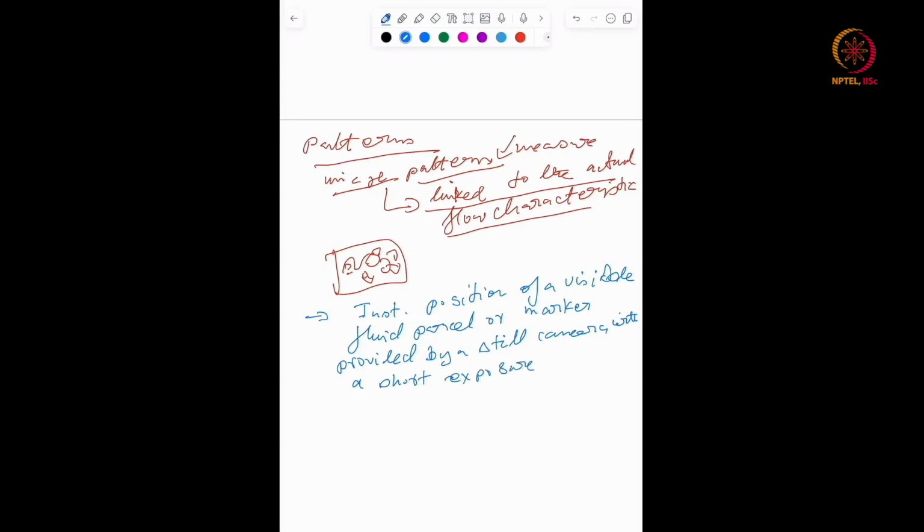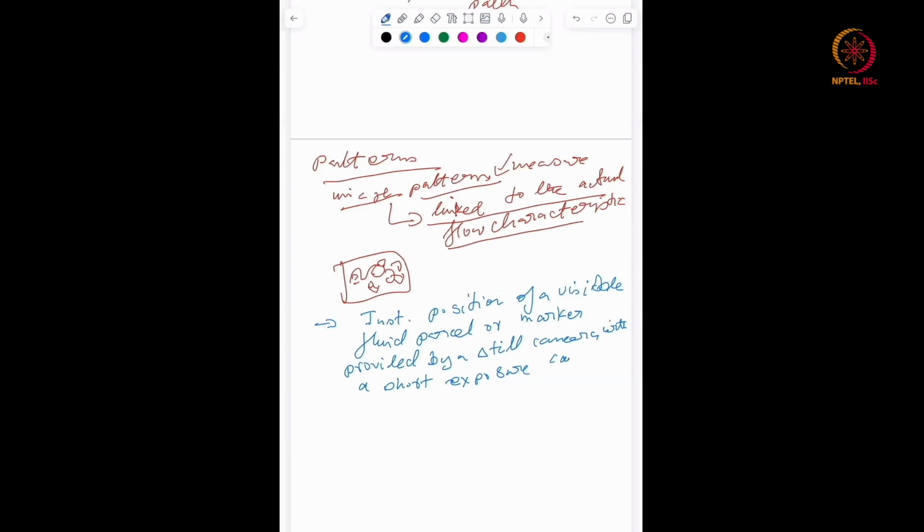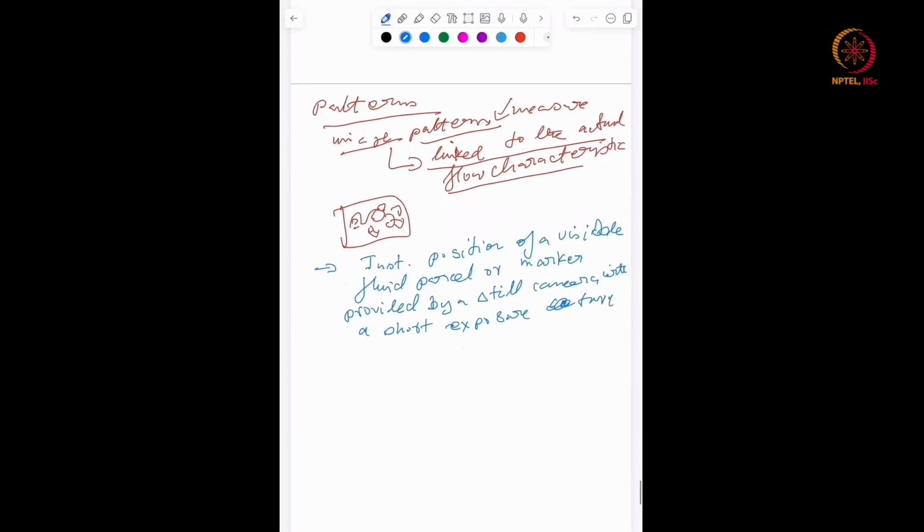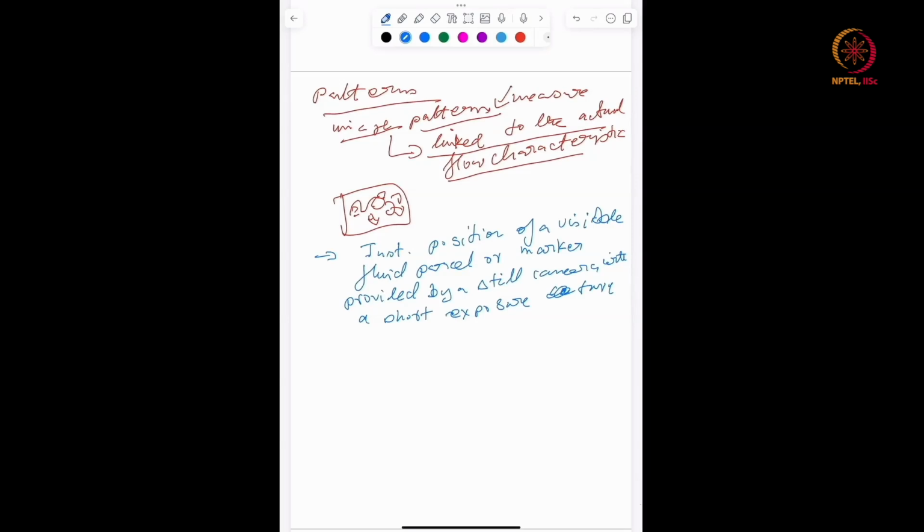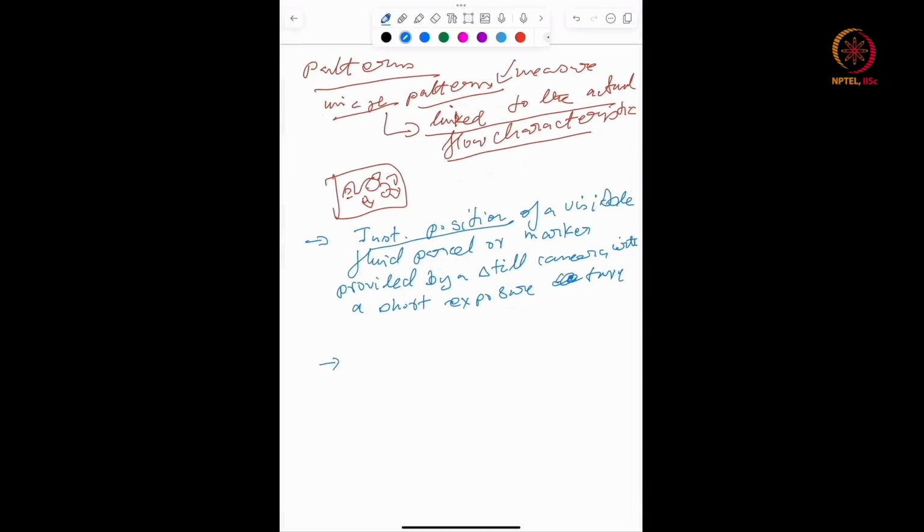What is exposure time? We will learn later. Exposure time, but assume that this is a short exposure time. You know what you are trying to do. And then, so this is the instantaneous position, for example.